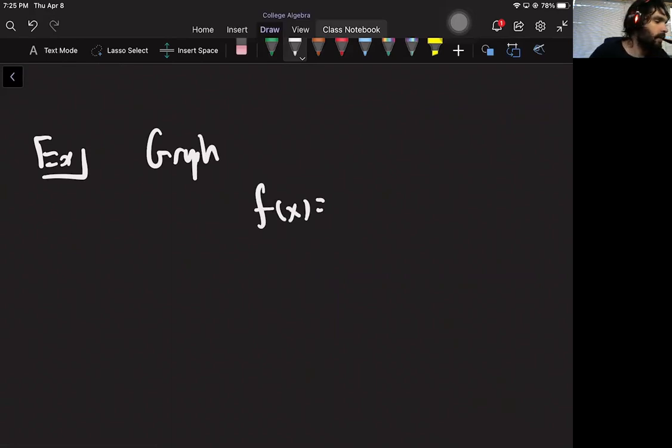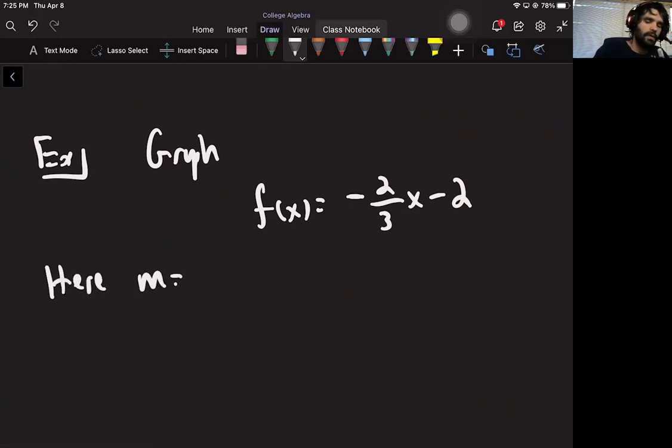So fractions are typically annoying to people, including myself. And so plugging numbers into here sort of gets annoying because you have to deal with fractions and adding fractions. So this is a situation where this newer method is much better. Okay, so here m equals -2/3.